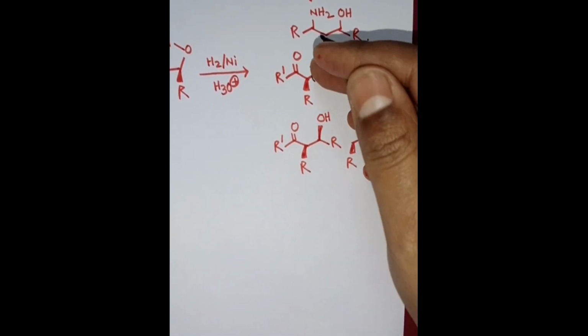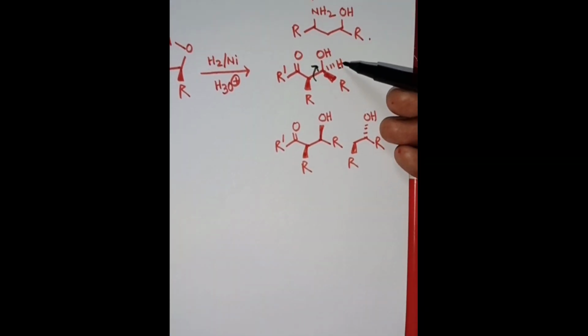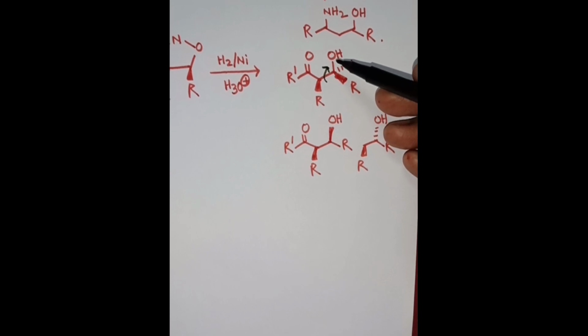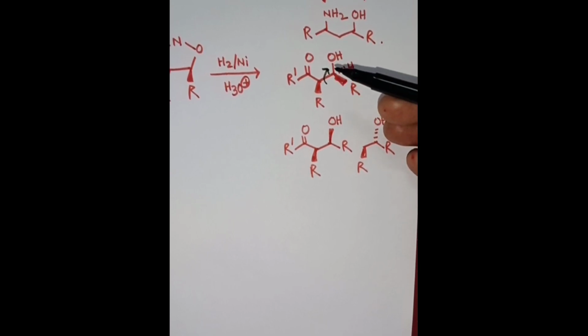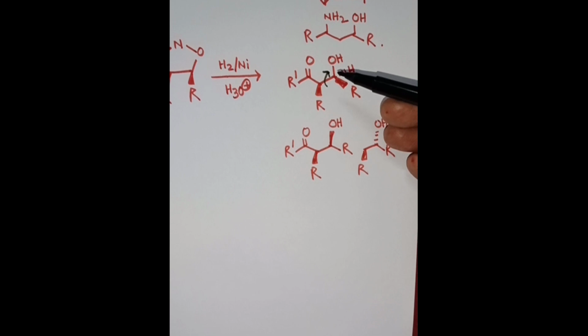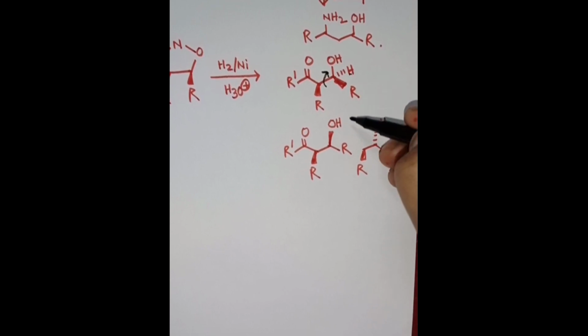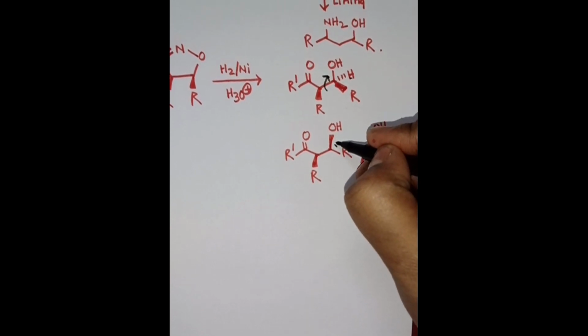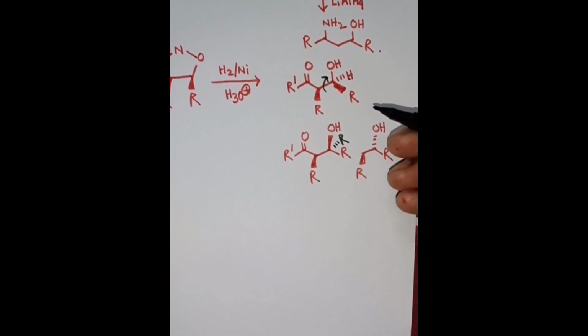We can rotate this whole moiety. If we rotate it anti-clockwise, the OH will come above the plane of the paper, this R will go to the plane of the paper, and this hydrogen will remain below the plane of the paper.